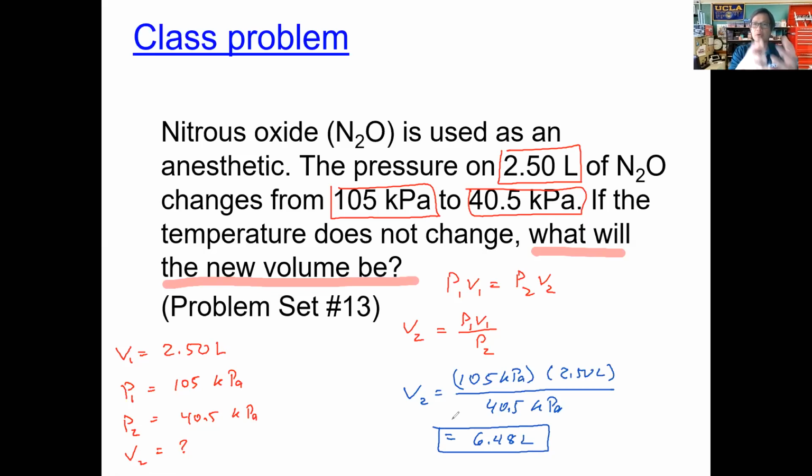Be able to describe how pressure is affected by volume and how pressure is affected by temperature, and be able to use Boyle's law to do these calculations. You will not be asked to do any calculations involving Gay-Lussac's law, but be able to describe the relationship between pressure and temperature.